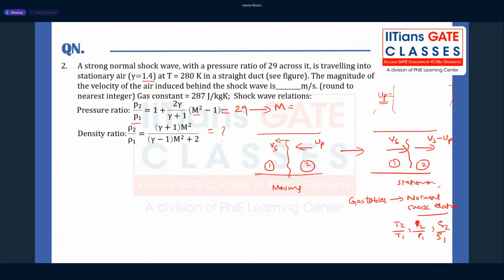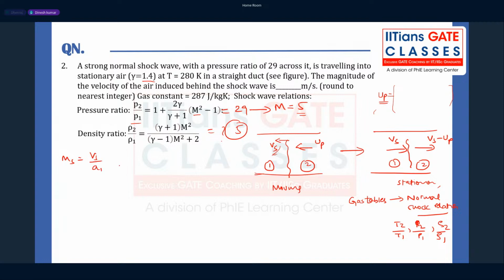If you solve this equation, you will get your Mach number to be 5. And if I put this 5 in this equation, my density ratio will also be 5. Right. So my Ms, that is the Mach number of the shock, will be nothing but my Vs by A1.